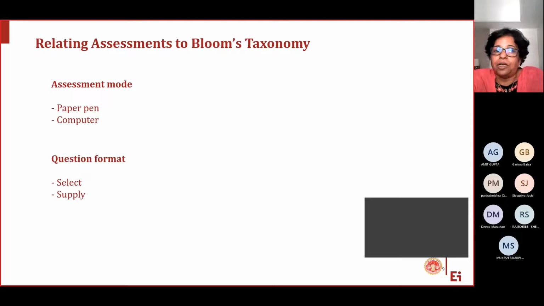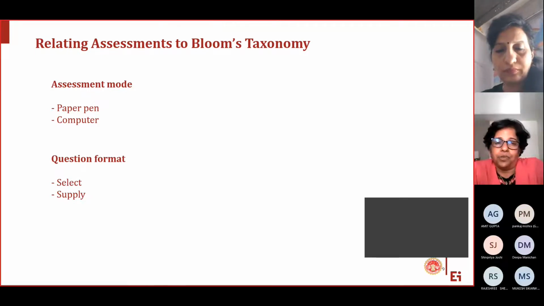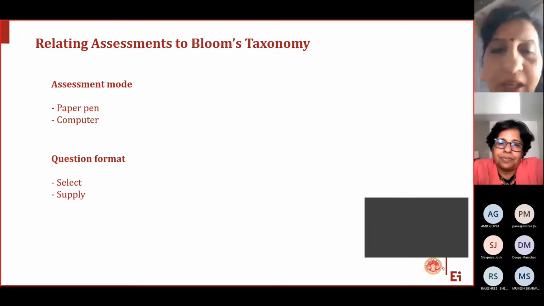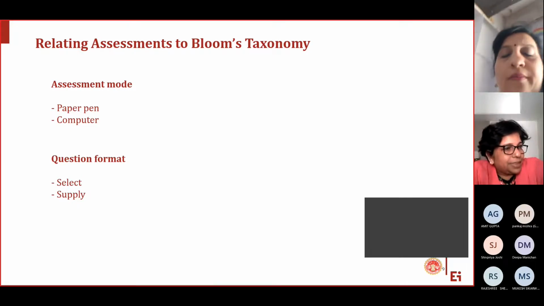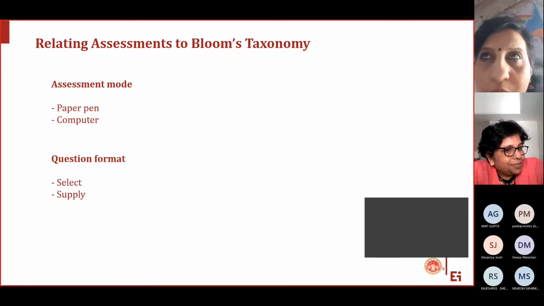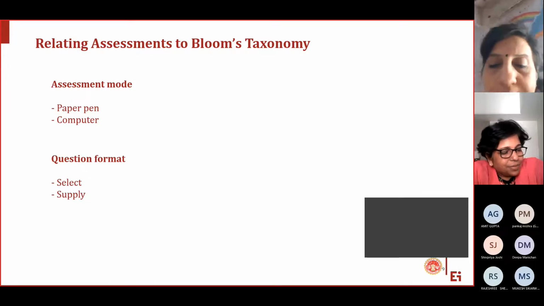So in the select format, what are the different types of questions we can use in a paper? Anybody? Ma'am, it can be MCQs. Yes, having 4 options or 3 options or 2 options.